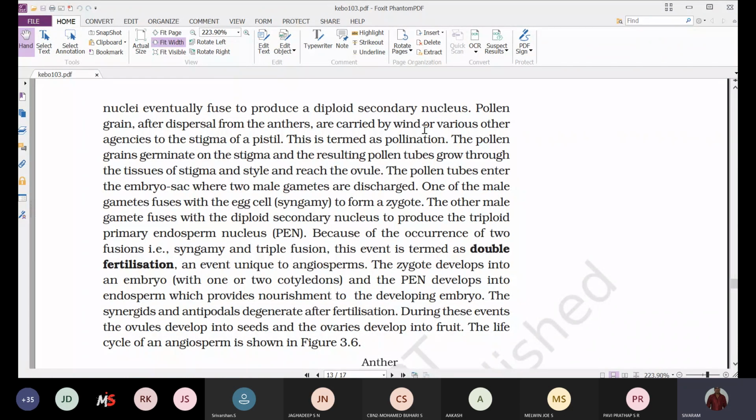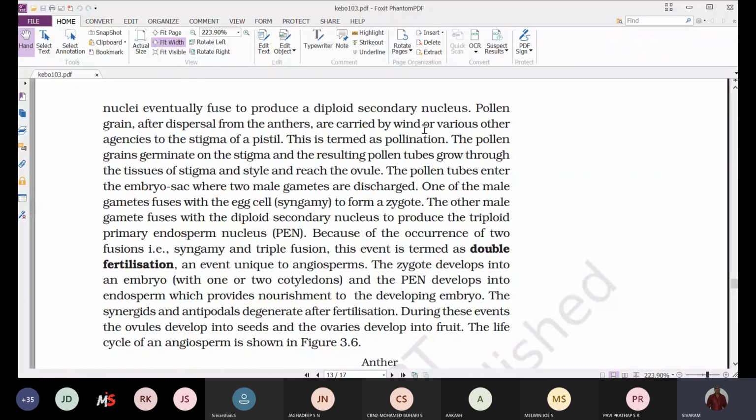Inside the ovary, what are present? Ovules. Finally, the pollen tube enters one of the ovules present inside the ovary. That is how, from stigma it enters the style, from style it reaches the ovary, and from the ovary it enters the ovule.